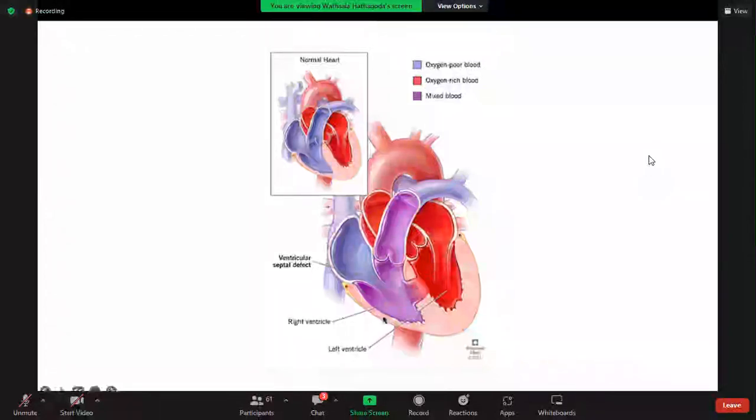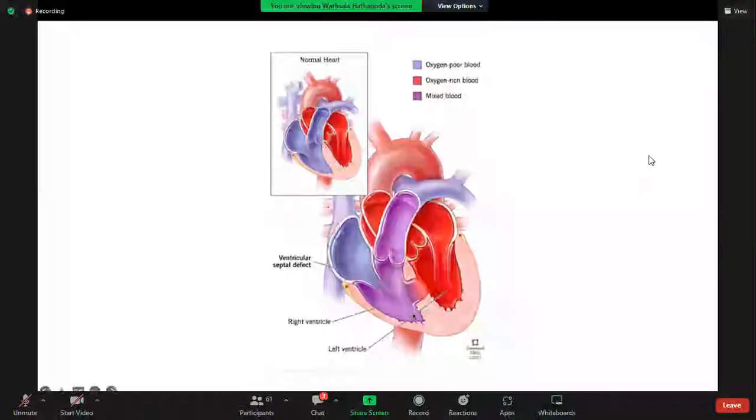So what happens here? Because blood is going from the left ventricle to the right ventricle, what happens to the pulmonary circulation? It's more. So they are more prone to get pulmonary edema, and as a result, left heart failure and later on congestive heart failure.